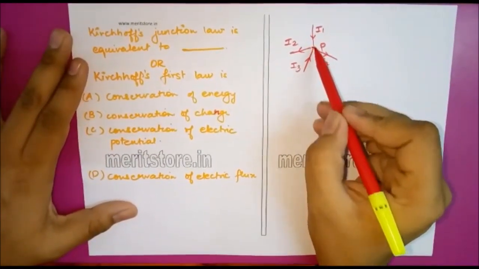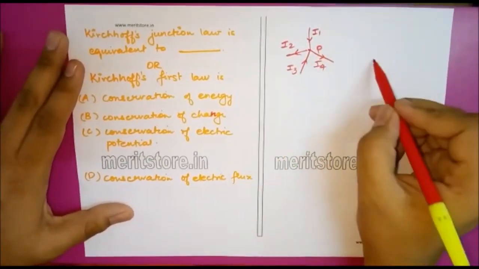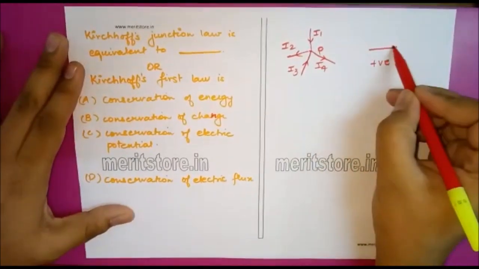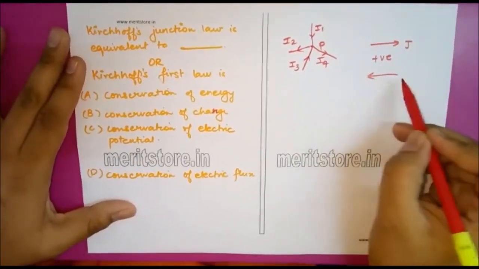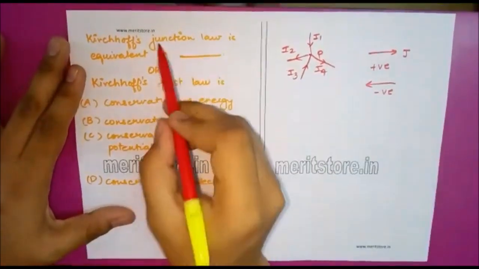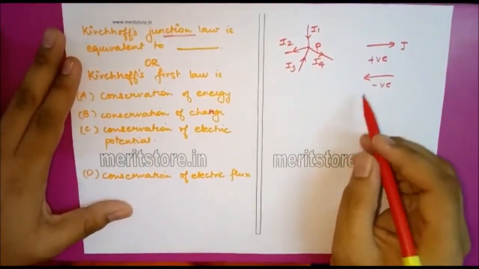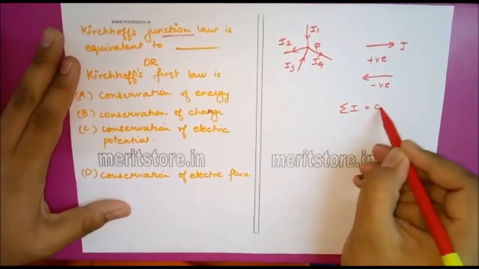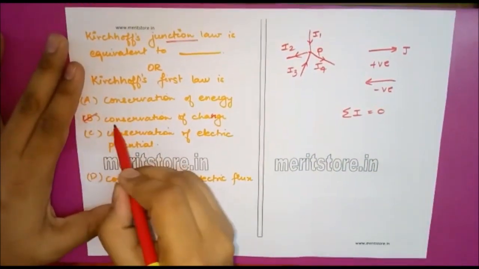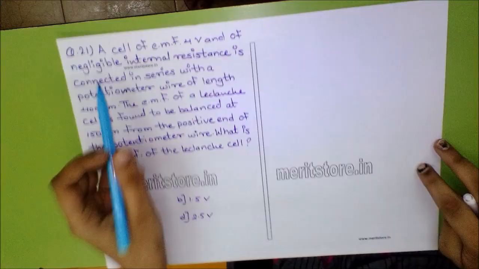Currents going towards the junction are considered to be positive, and those away from the junction are considered to be negative. This was nothing but Kirchhoff's junction law, or Kirchhoff's first law. It is nothing but conservation of charge, that is summation of I is equal to 0. So option B is the correct answer.